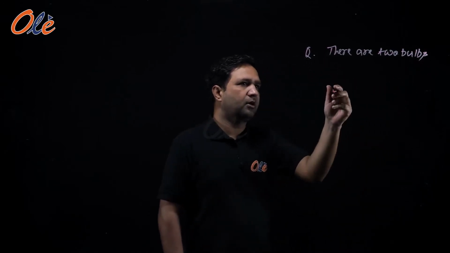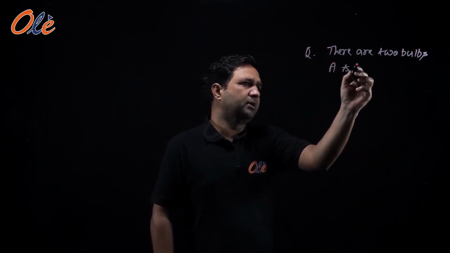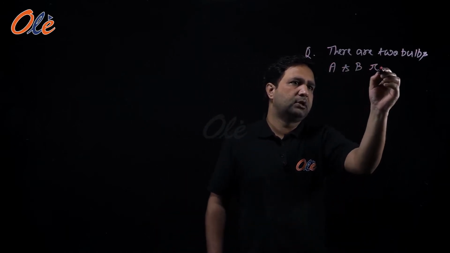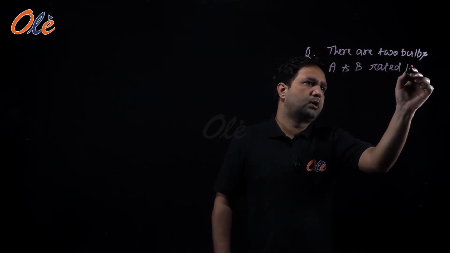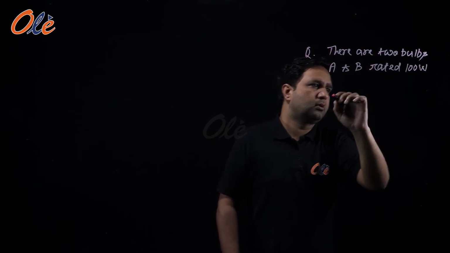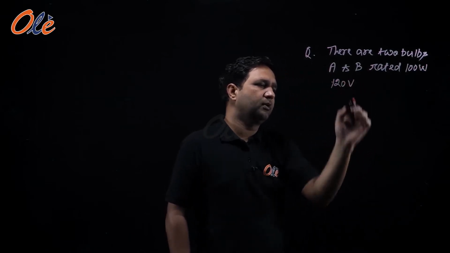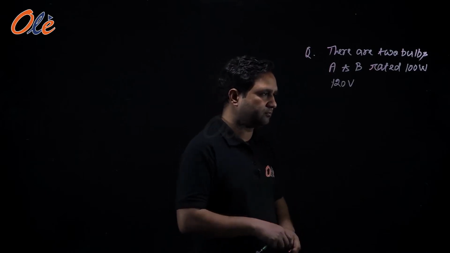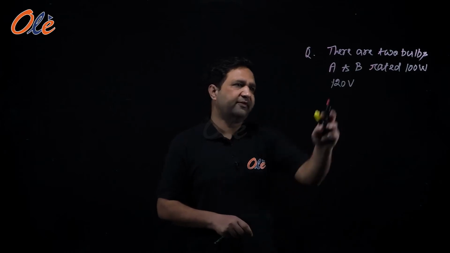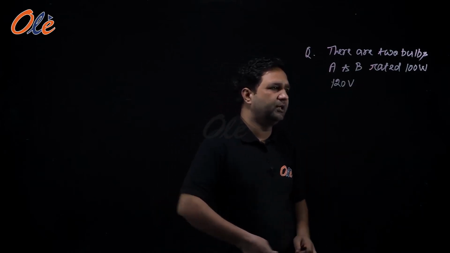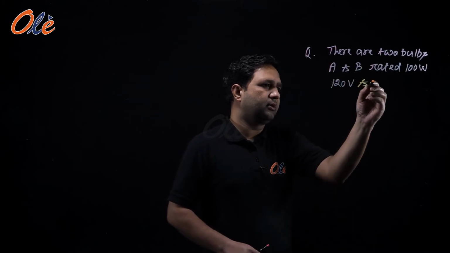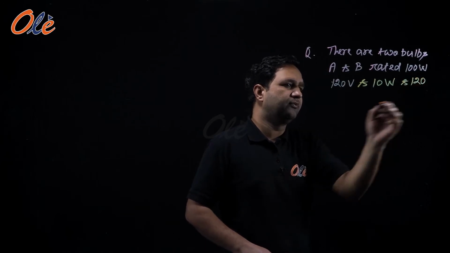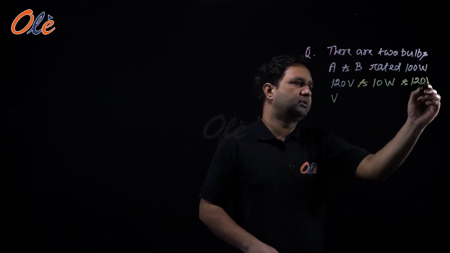Okay, there is a bulb A and another bulb B, and their ratings are given. The rating of the first is 100 watt, 120 volt. This is the rating for A. Now we will write the rating for B: 10 watt and 120 volt.